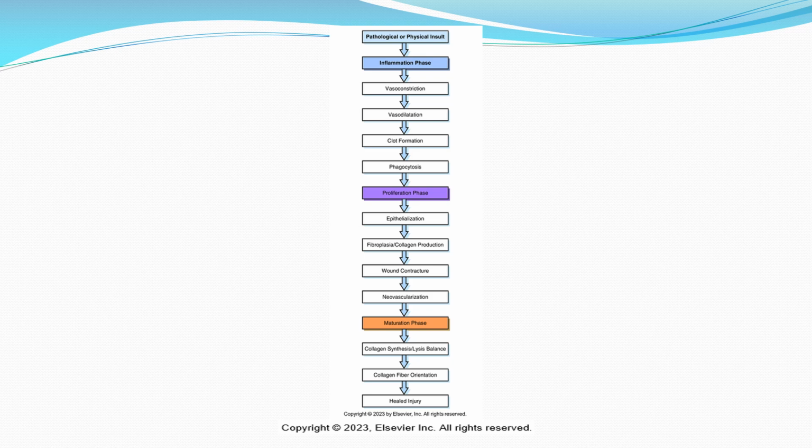This is a nice little chart that represents all of the different phases that we're going to be talking about: through the inflammation phase, vasoconstriction, dilation, clot formation, phagocytosis, into the proliferation phase where we see epithelialization, fibroplasia, collagen production, wound contractures, neovascularization, all the way into the maturation phase where we start to see collagen synthesis, collagen fiber orientation, and then we finally get to that healed injury. We're going to go over all of those phases in more detail on the upcoming slides.